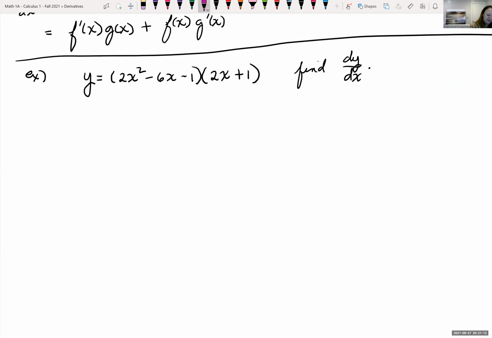So I'm going to think of my first function, maybe f of x. I'm going to define it as this 2x squared minus 6x minus 1. And I'm going to define my g of x function to be this 2x plus 1.